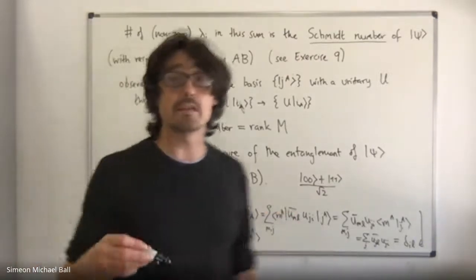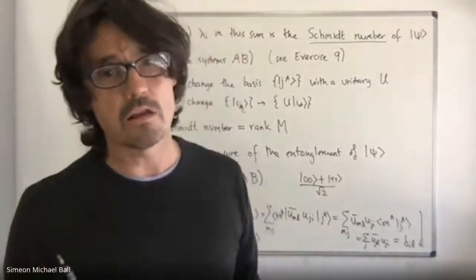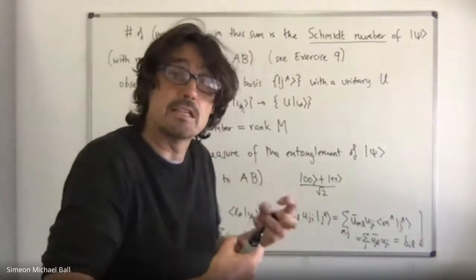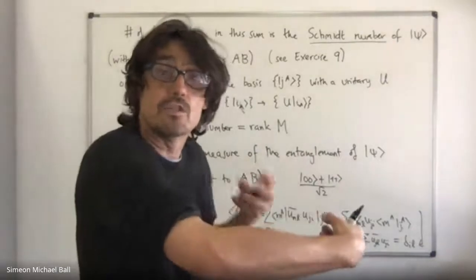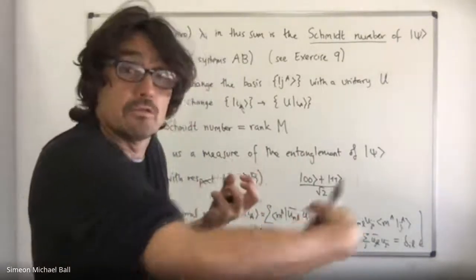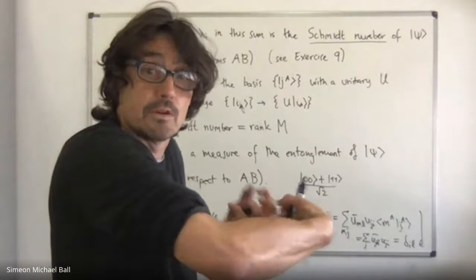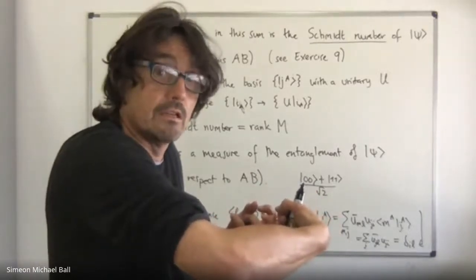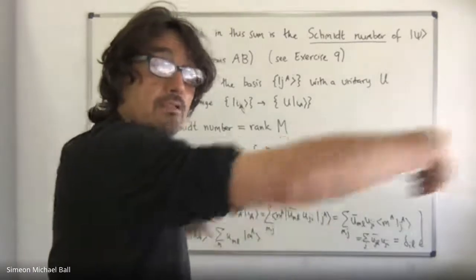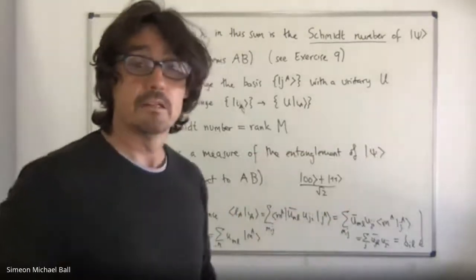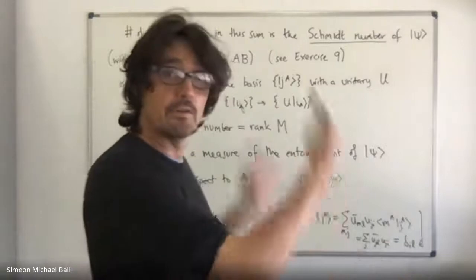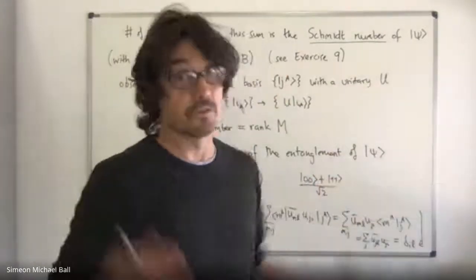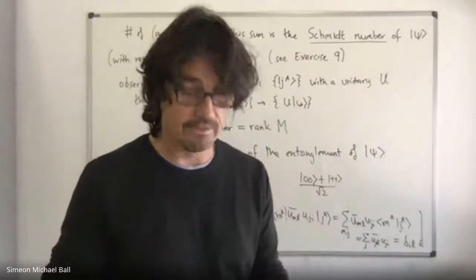Whereas the other one has Schmidt number 1, and that's because it wasn't entangled at all, because we could split it up and write it as this tensor this, which is just the same as having this particle and then putting it together with this particle, putting them next to each other. No entanglement. Okay? And now you can imagine, you've got a 100 qubit system, here's the state, I want to split it up. What's the entanglement between the first 50 particles and the next 50 particles? Now you know how to calculate it.